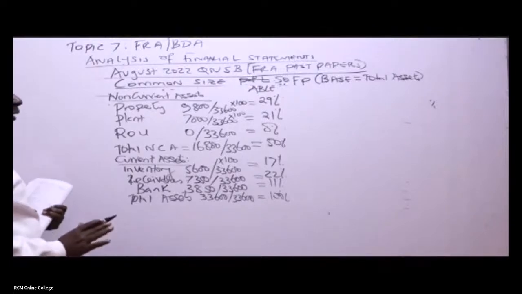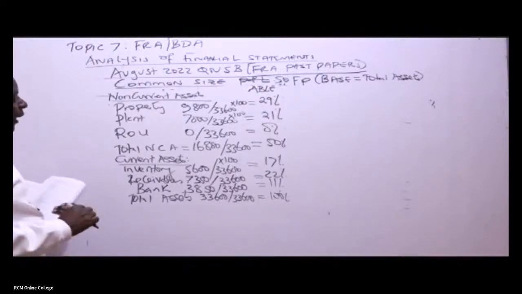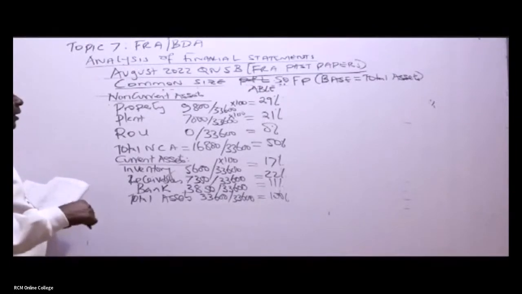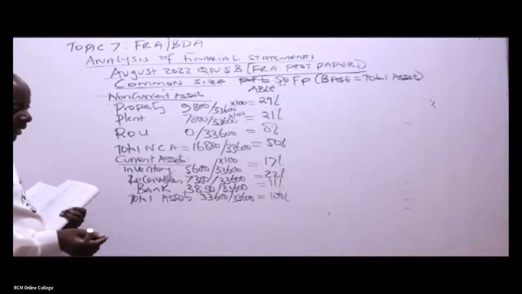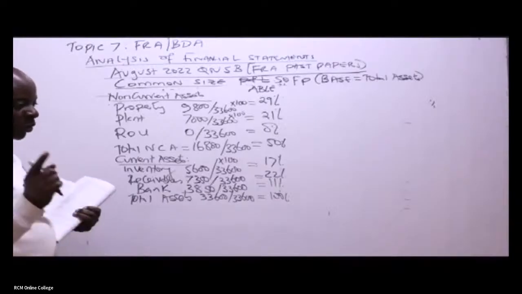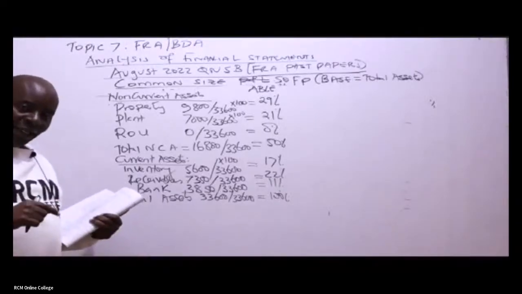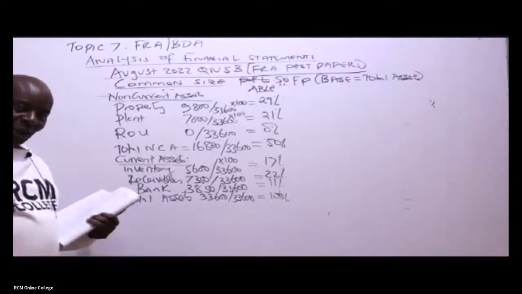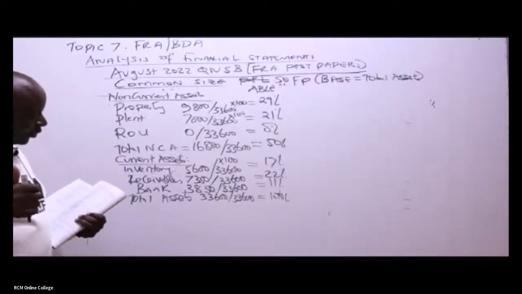Now from there, we look at the financing section, the equity and liabilities. But first of all, especially for the FRA students, are we together up to here? Great. Thank you so much.